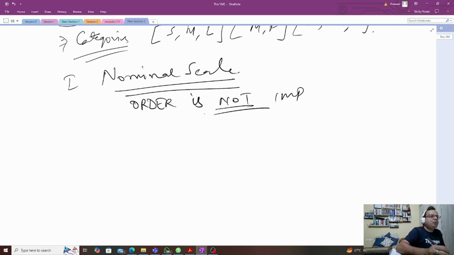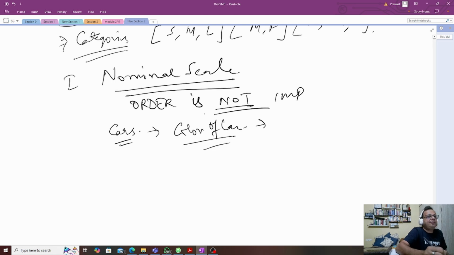Let's suppose we have a data set about cars, and in this data set there is one feature which talks about the color of the car. The color of the car can take values like white, red, black, yellow, and so on. So the order in which these categories would appear is not that important.